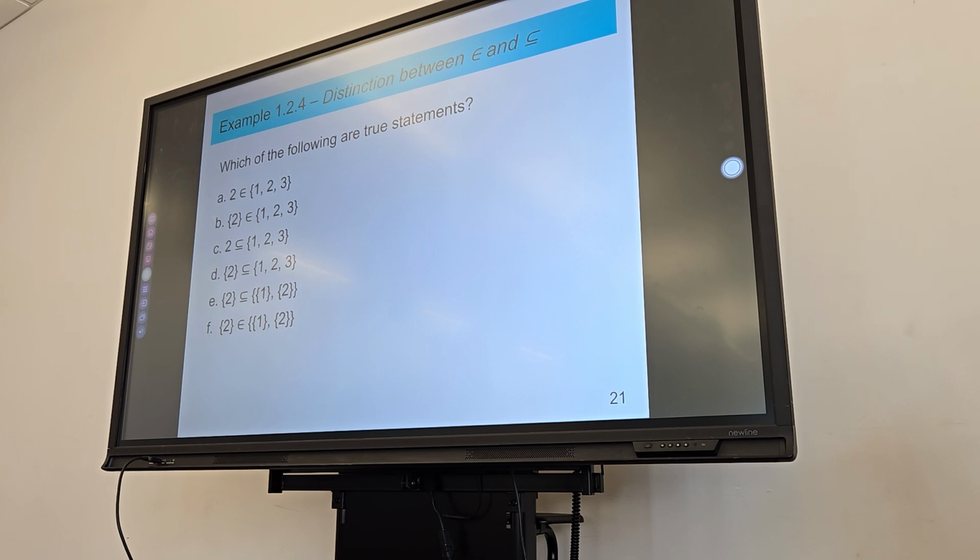Yes. Yeah, the stylized E means it's an element of the set on the right. The object on the left is an element of the set.